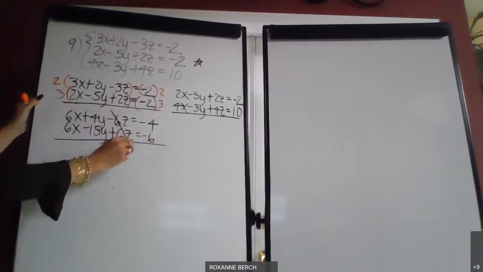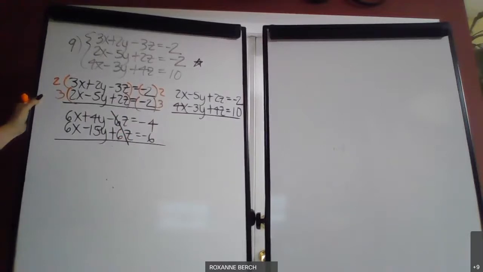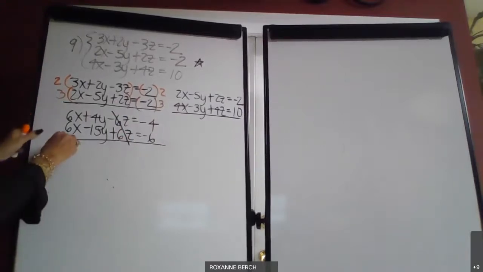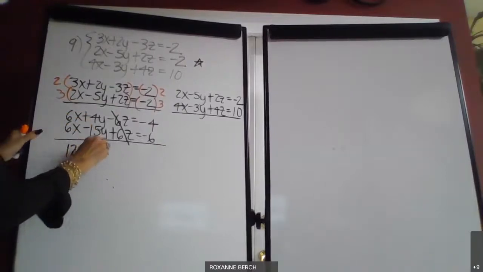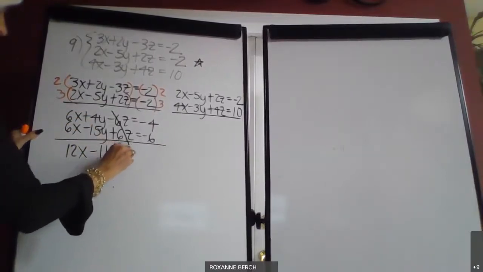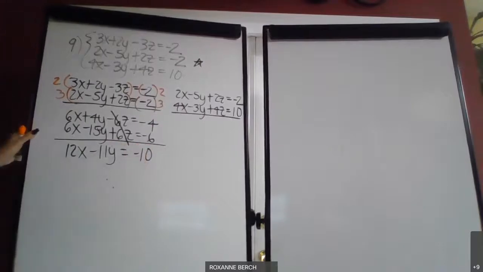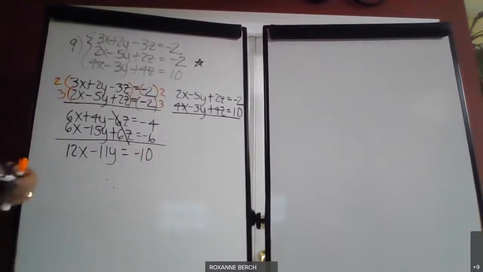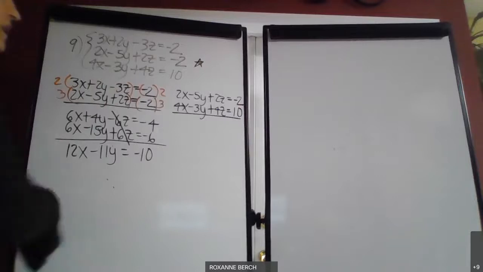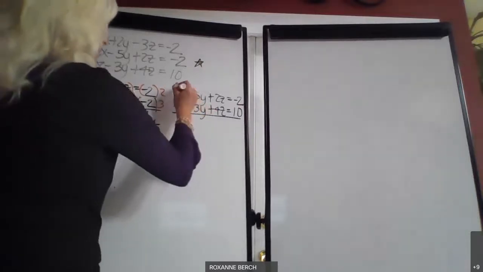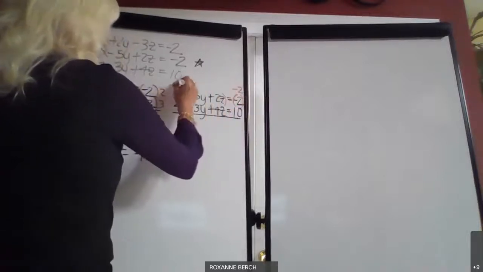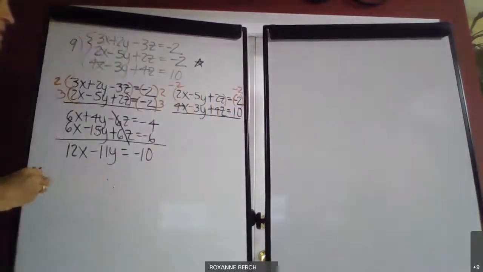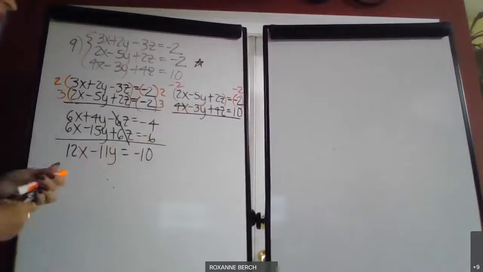And when you add, you get rid of the z, and that's what we wanted. So what we get is 12x, -15 and 4 is -11y, equals -10. And so we come over to the second pair, and remember, we're eliminating z, so we're going to multiply the top by a -2 because we want -4.